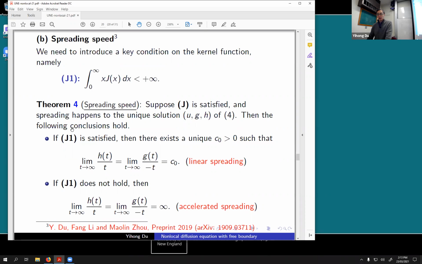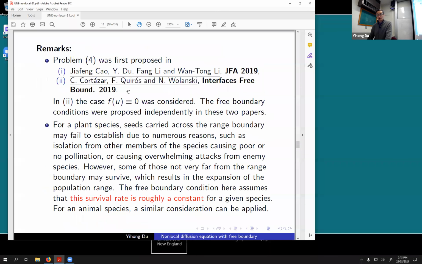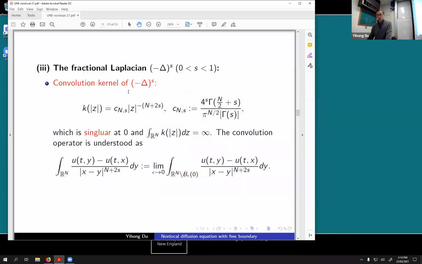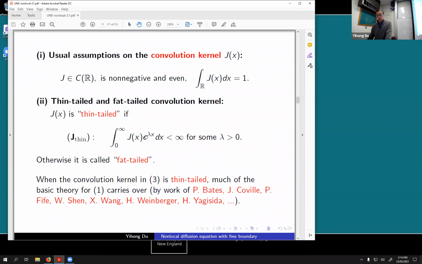So again, we can have accelerated spreading. And for the free boundary model, the threshold condition on the kernel function is this one. We call it J1. So this is integrable times x. For the thin tail condition, it's multiplied by e to the lambda x for some positive lambda.